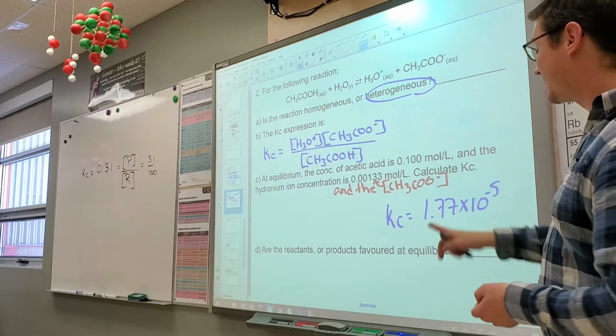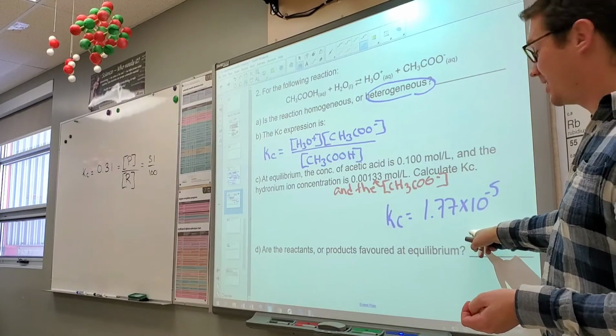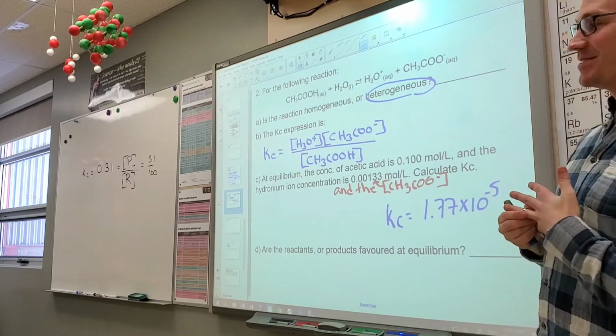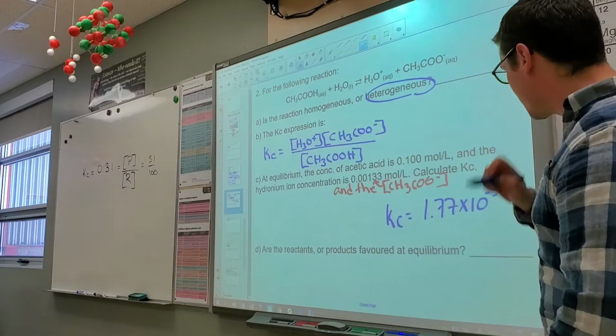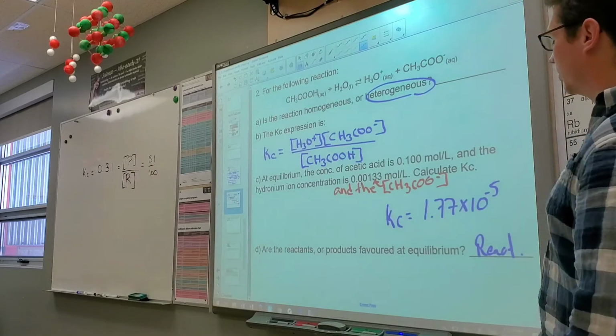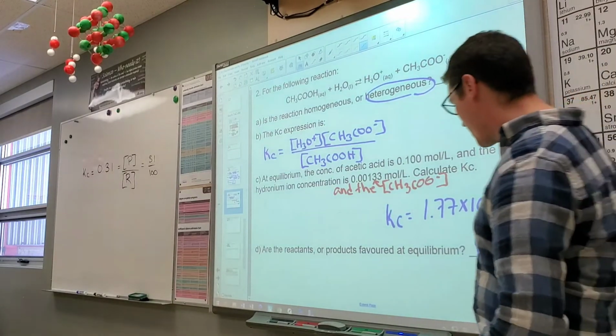Less than 1. It's significantly less than 1, about 5,000 times less than 1. So are the reactants or products favored? The reactants are favored at equilibrium because this value is less than 1. Good.